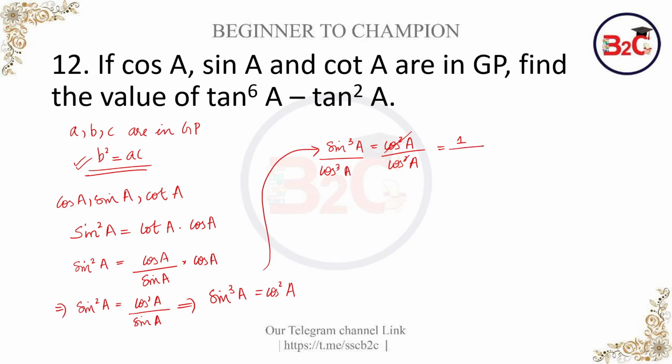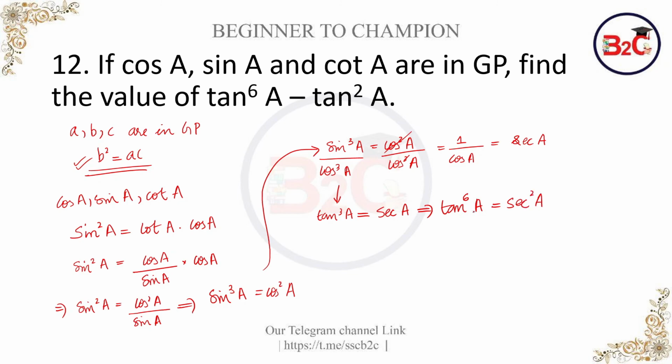So we get 1 by cos A, which is sec A. Okay, and now the LHS becomes tan cube A, because sin cube A by cos cube A is tan cube A. Tan cube A is equal to sec A. This implies that tan raised to 6A will be equal to sec square A.